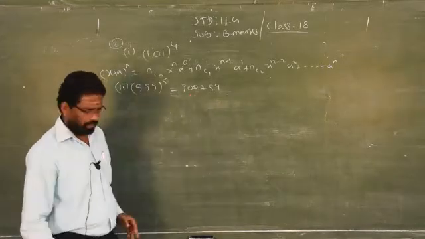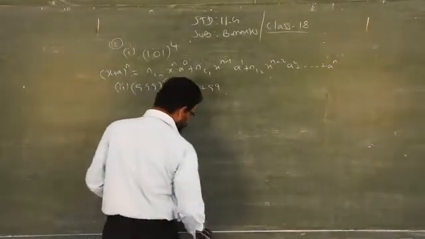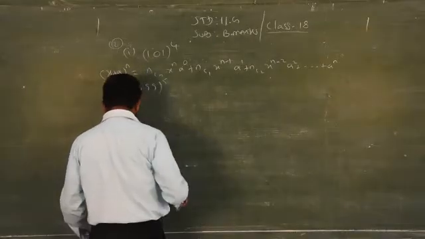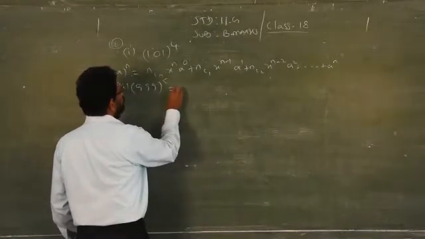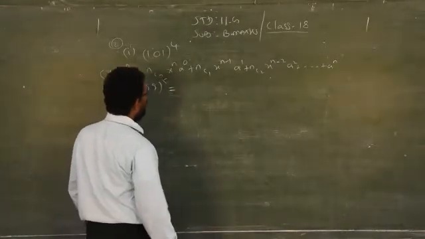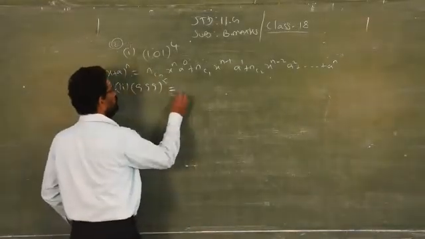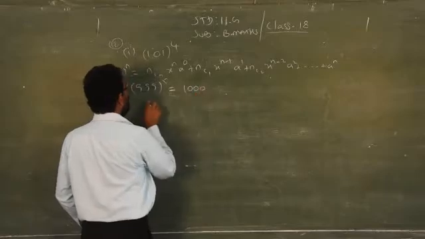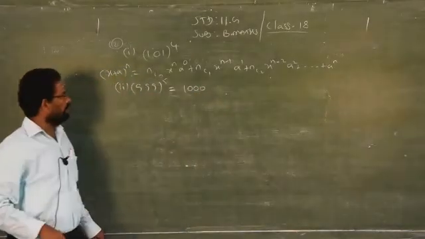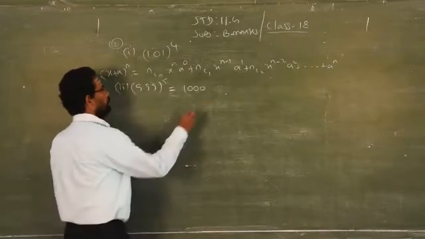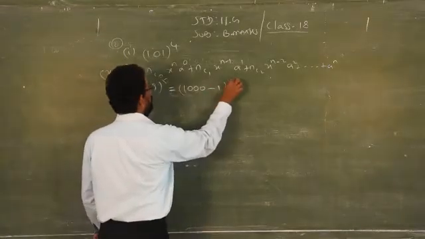You will get the same answer. But the calculation part will be very tedious and it will take more time to find the solution. To avoid those problems, better you express it in terms of 1000, because 999 is close to 1000, therefore 1000 minus 1 whole to the power 5.